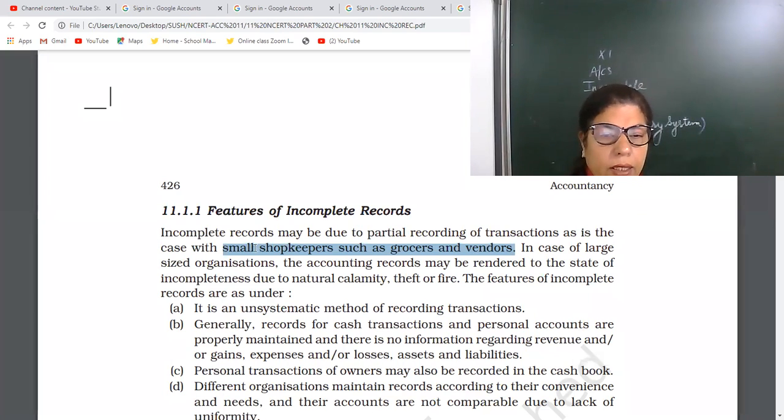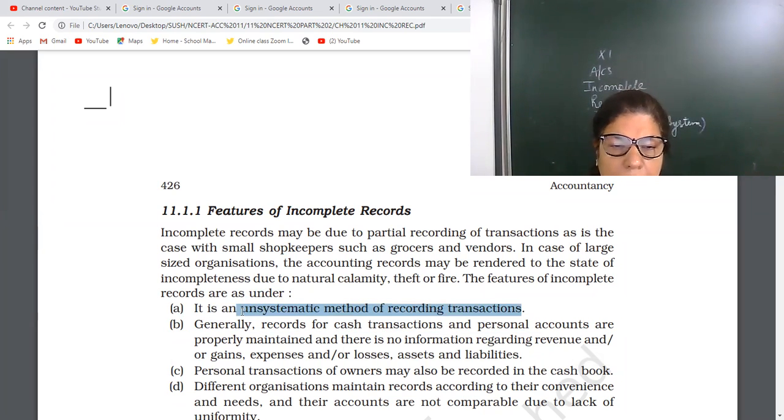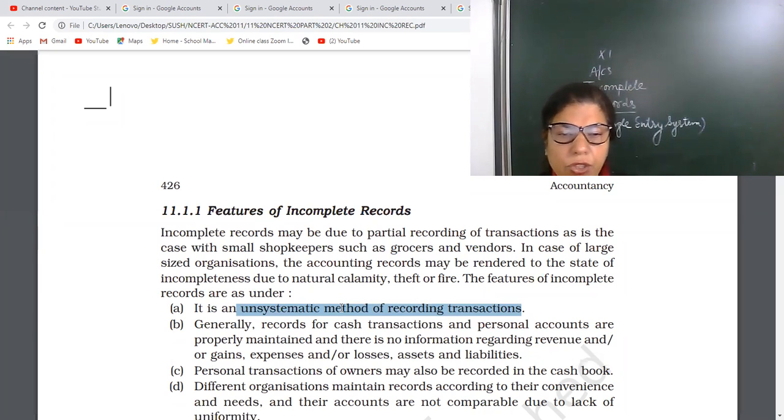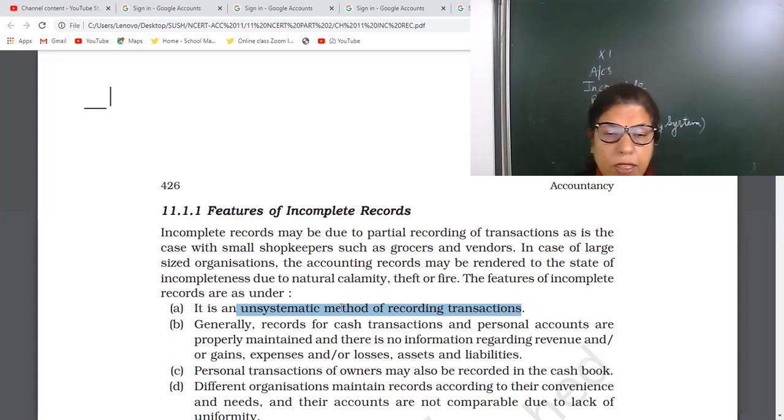And second, it is an unsystematic method of recording transactions. Unsystematic method of recording transactions means they generally use the method which is not based on double entry system, which is unsystematic. Few accounts they maintain, few they ignore. That's why they are following their own wish. That's why we can say this is unsystematic.